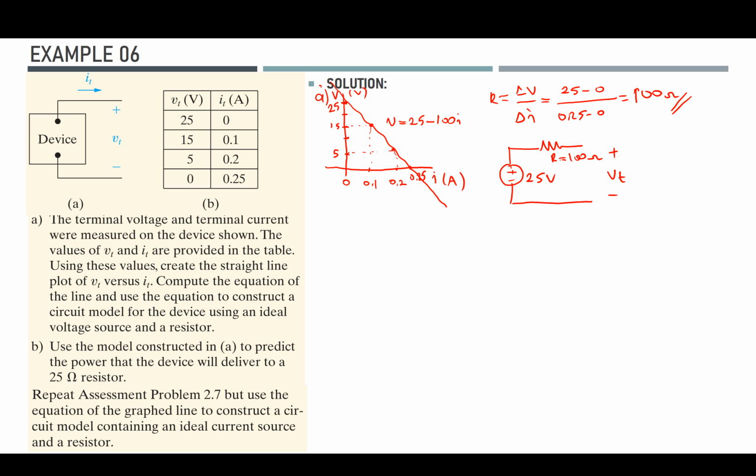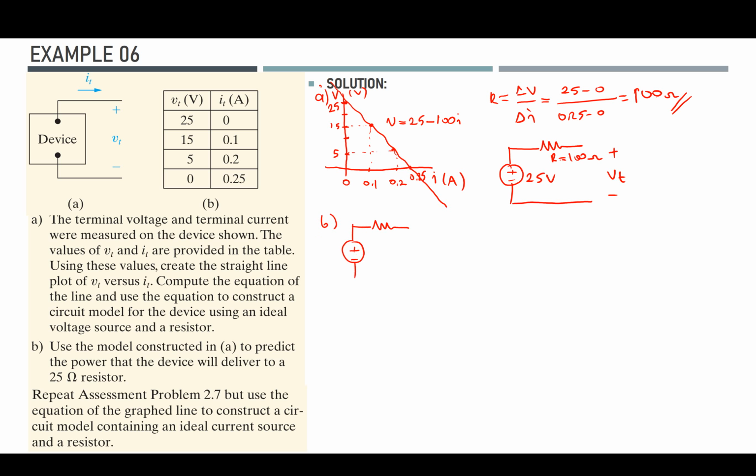So in part B, using this model, can we predict the power that the device will deliver to a 25 ohm resistor? Now in part B, we have our circuit, which we can use this model to predict its behavior.